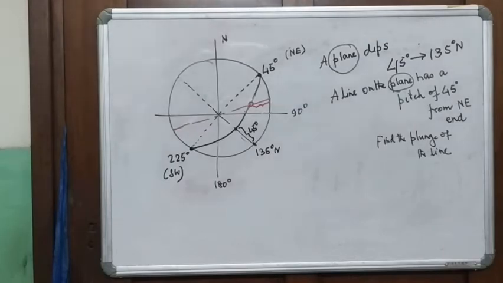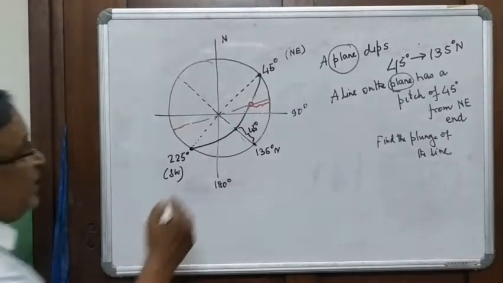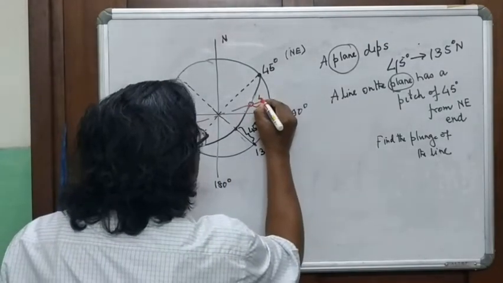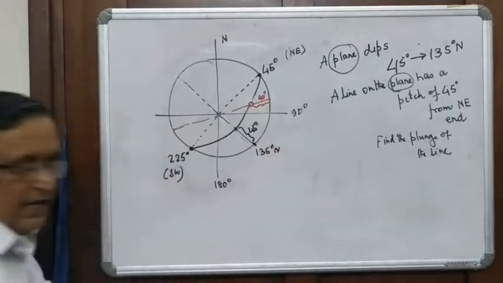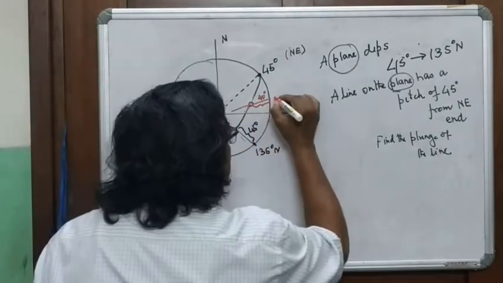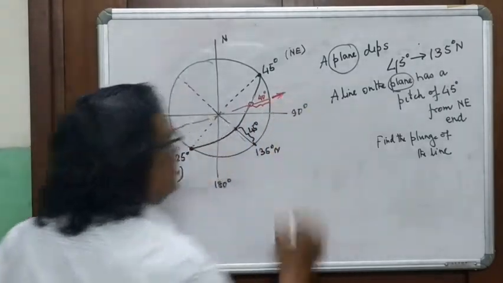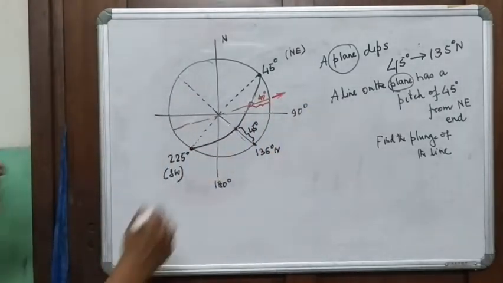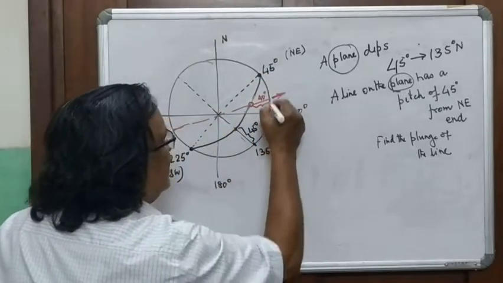So normally it would look like it is about 40 degrees. This you can calculate actually. 40 degrees. And what is the direction? The direction is this. This is 45, this is 90.